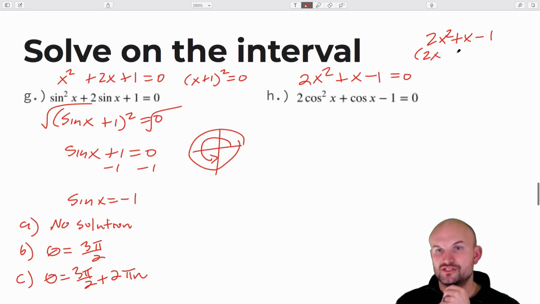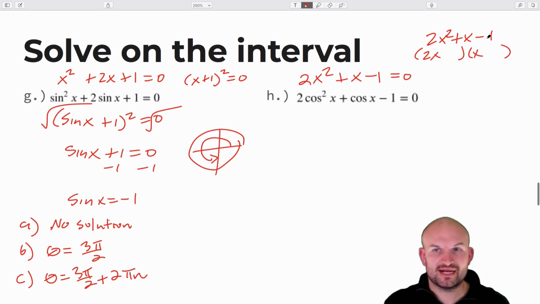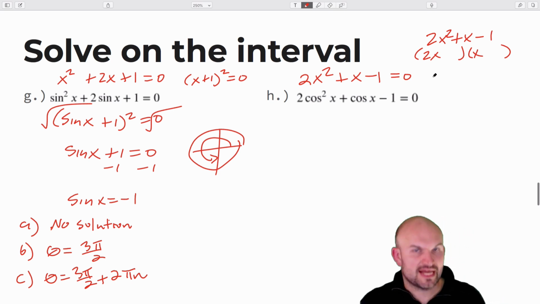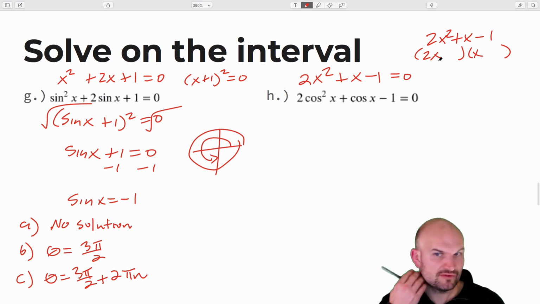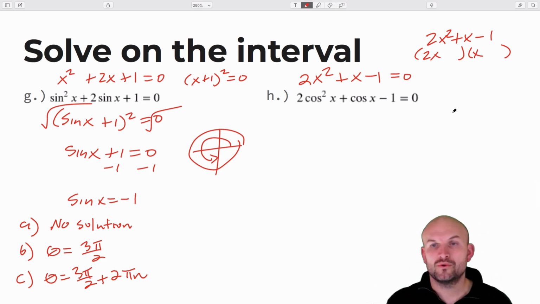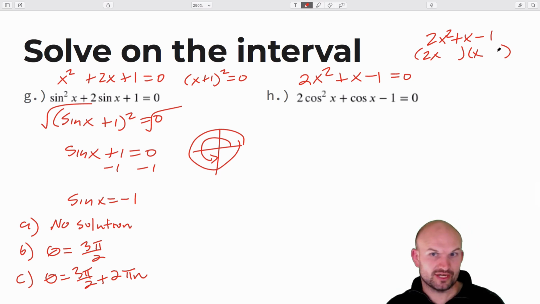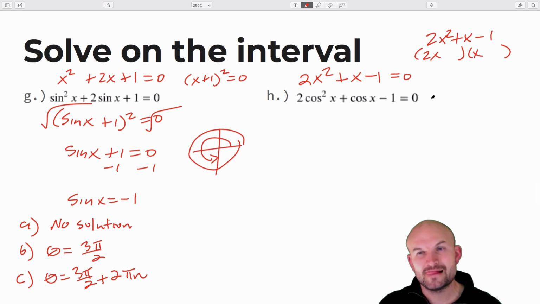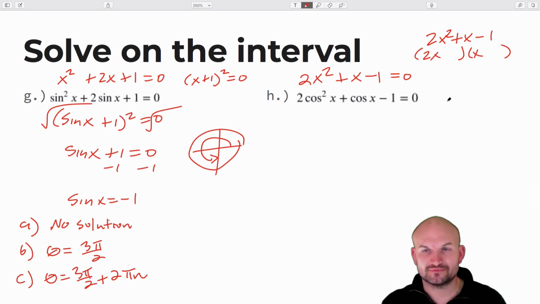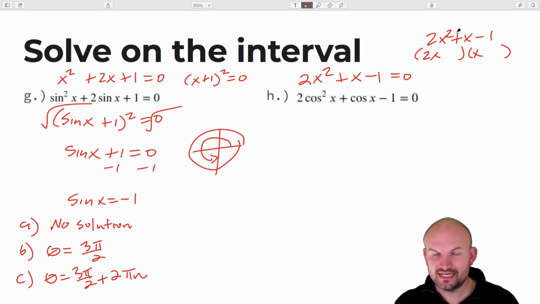So let's factor this as 2x and x. Now we're thinking, what two numbers multiply to give me -1? Well, that's -1 and 1, and +1 and -1. So we just have to figure out where the positive and the negative go. Is it +1 here, -1 here, or -1 here, +1 here? Now, you can always do guess and check. But the way that I think about this is I look at the middle term.